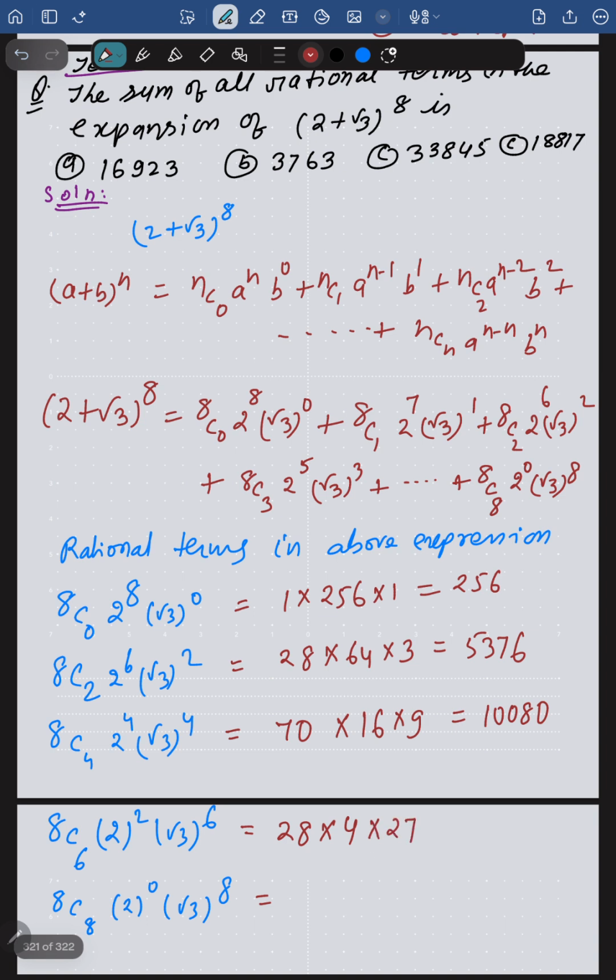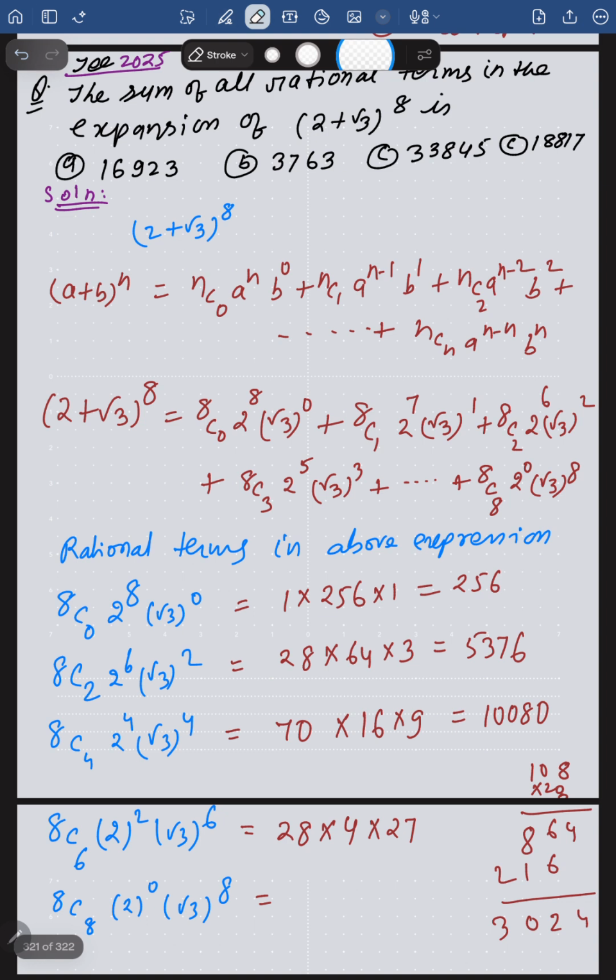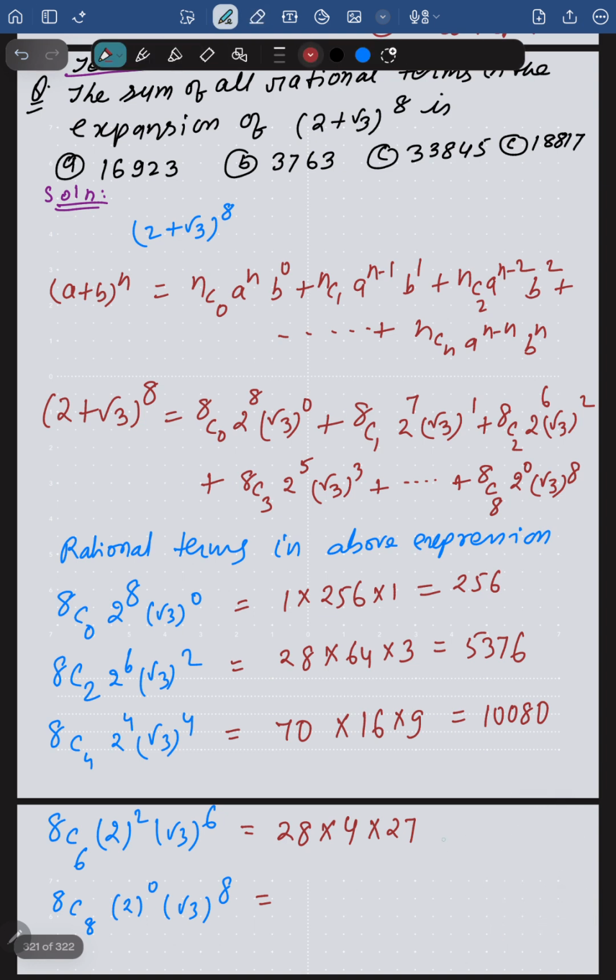So we will just multiply it. 4 into 27 is 108, into 28. Now multiply. This gives 3024.